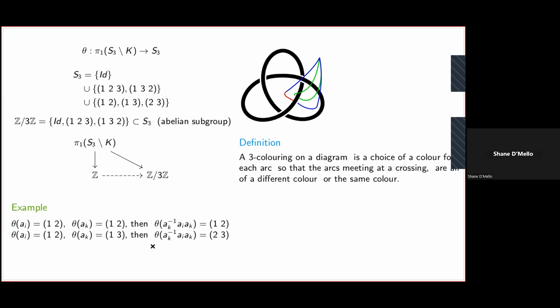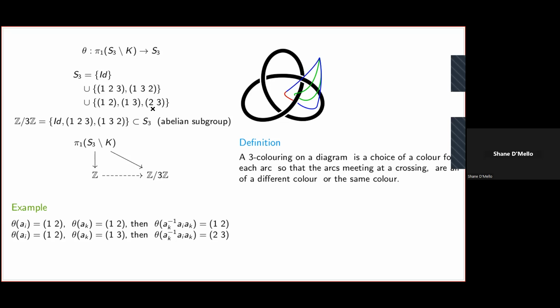Right? And now you can see what red, blue, and green are. They are nothing but these elements of S3, which are (1 2), (1 3), or (2 3). So what we're doing is making a choice for each arc of labeling it with either red, blue, or green, if you like, or (1 2), (1 3), and (2 3), in such a way that when the three arcs meet at a crossing, they are either all labeled with the same element, or all three of them are labeled with different elements.